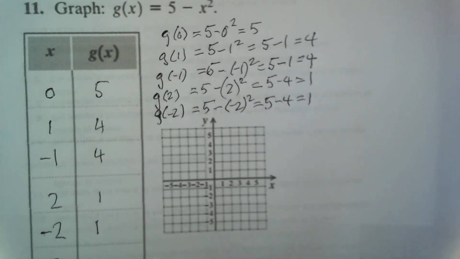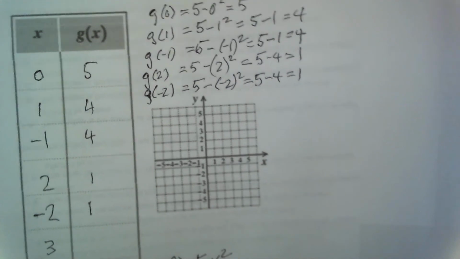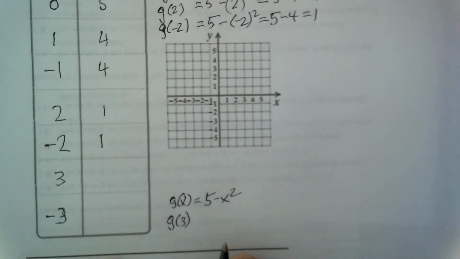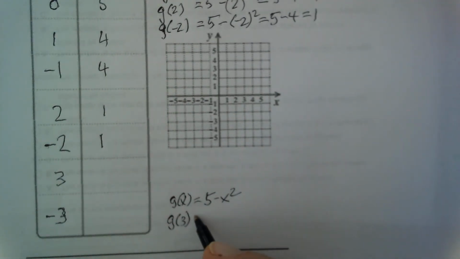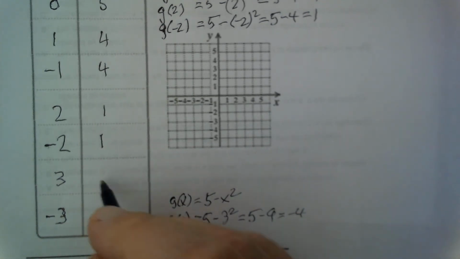And then let me rewrite the formula here. G of x was equal to 5 minus x squared. So when we compute g of 3, it would be 5 minus 3 squared, 5 minus 9, and that's negative 4.